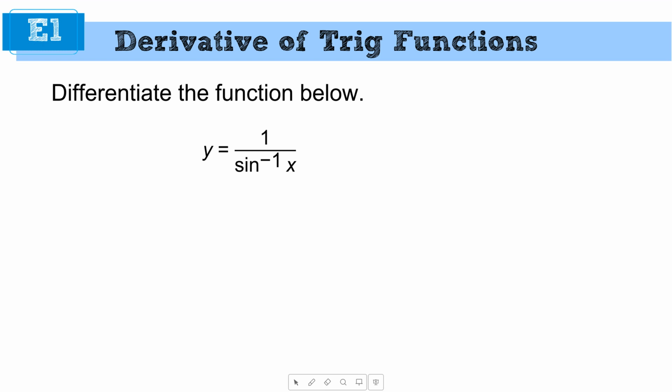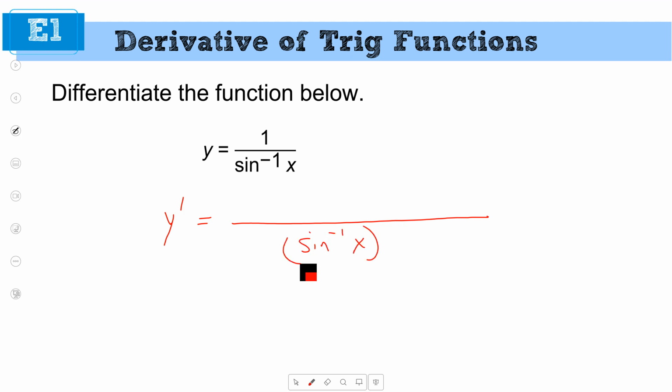What is the derivative of 1 over the inverse sine of x? So, y prime is equal to the inverse sine of x squared over the inverse sine of x times 0 minus, big bracket, 1 times the derivative of the inverse sine of x.